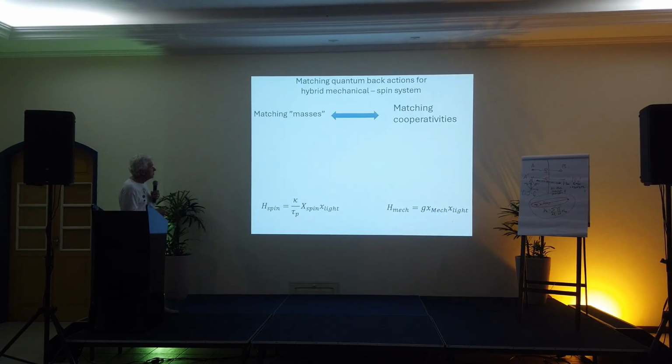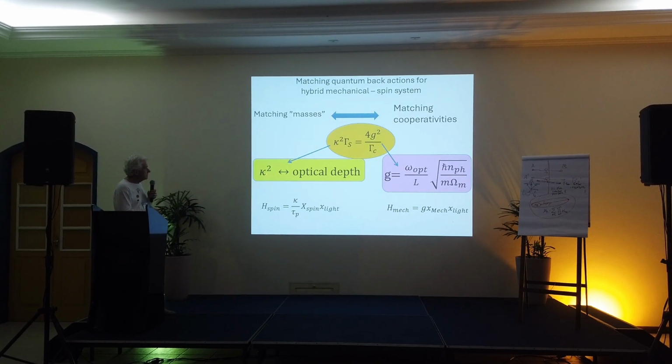So a little story about matching those cooperativities, or matching the strength of the interaction, because this is what we require to have the back action cancelled. I told you that the optical depth is essentially the key parameter of the cooperativity for the atomic spins, and we just want to make it as large as possible.